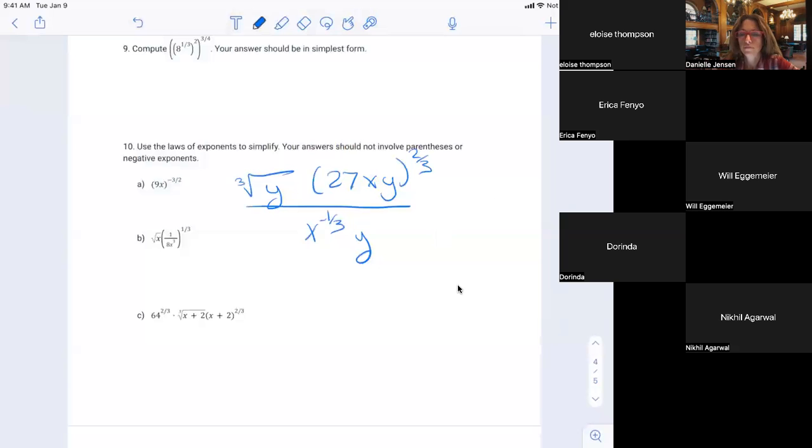Is that more complex than what we should expect on the test tomorrow? So I would say it would be a similar problem on the test, except in this problem I put 2 variables and a number, and you're probably only going to have something with fractional exponents, probably 1 variable and a number. So instead of having both the y and the x with these fractional exponents, it'd probably just be one of the variables, but similar concepts, being able to combine fractional exponents with both variables and numbers.